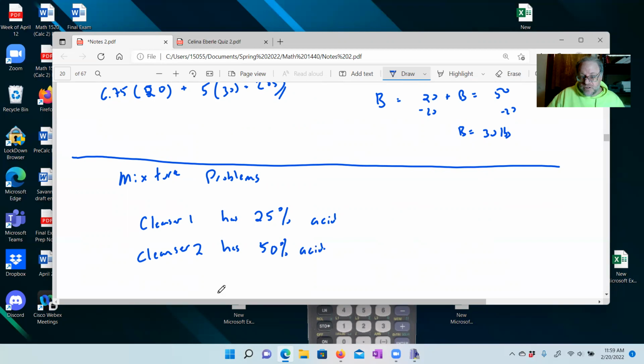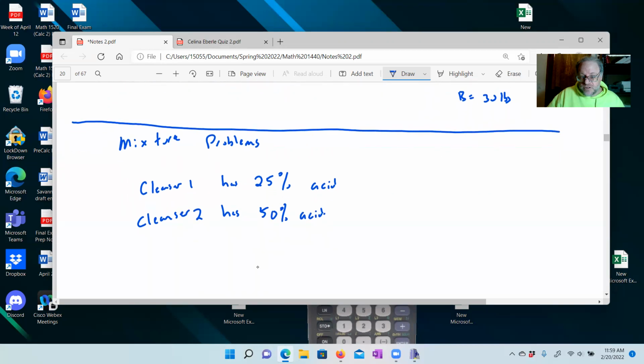And what we'd like to know is how many liters of each one should be mixed to get 30 liters.